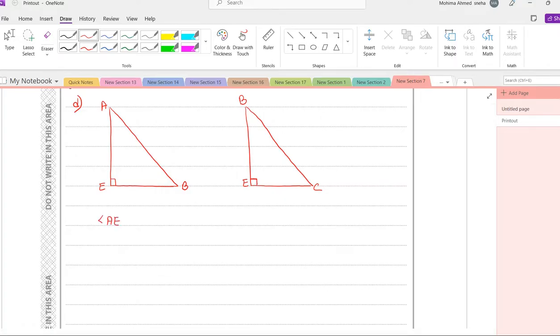Angle AEB and angle BEC are equal to 90 degrees according to the reason that BE and AC are diagonals of the kite. Right, so BD is perpendicular to AC as diagonals.